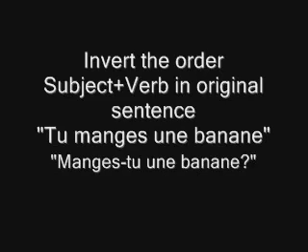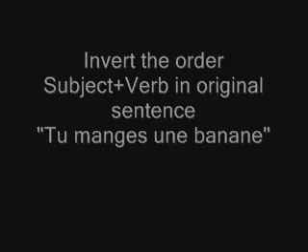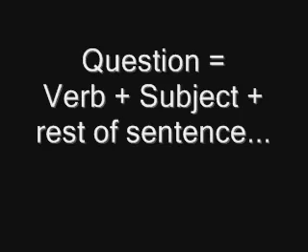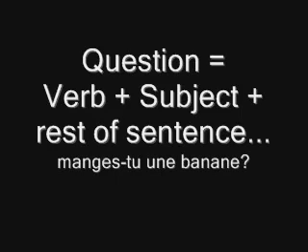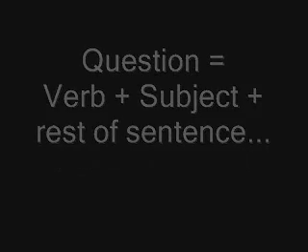Tu is the subject, manges the verb, and then une banane the object. Now all we have to do is invert the order, so it will be verb, subject, and object. Manges-tu une banane? And you add a dash between them, and don't forget again the question mark at the end. Alright, easy, right?